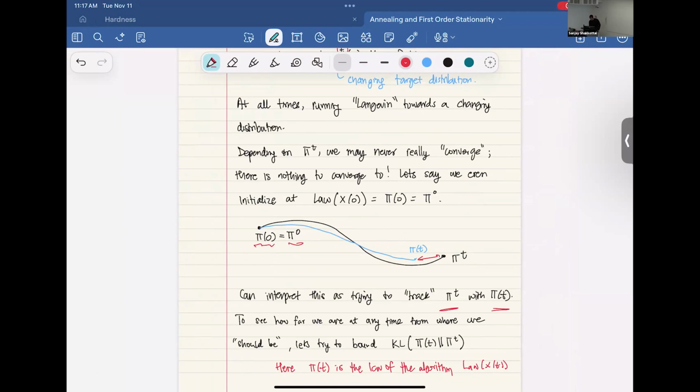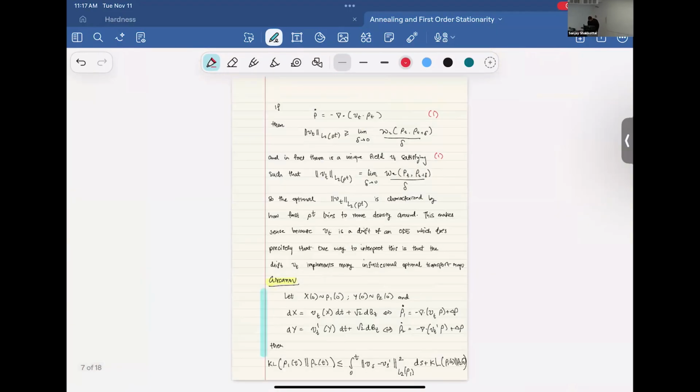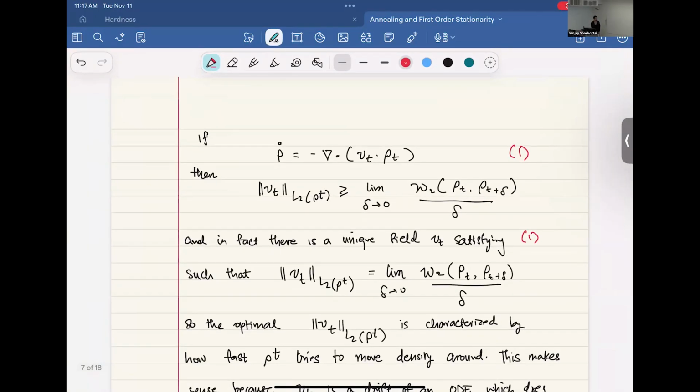Then you can ask, what is the KL distance between pi of t and pi superscript t? That's the quantity we're going to try to get at, the subject of this paper, really. And this technique will be useful to us in a bit when we talk about posterior sampling.